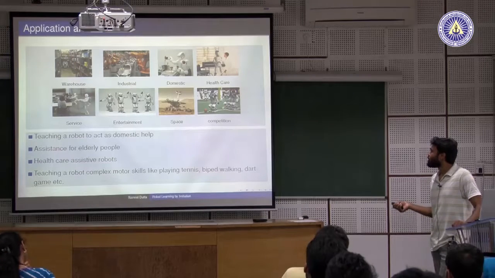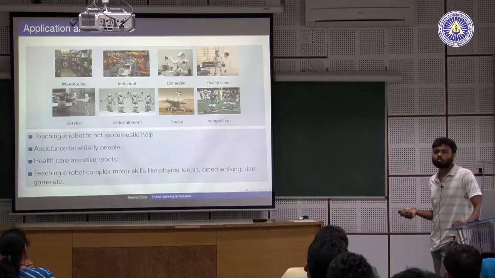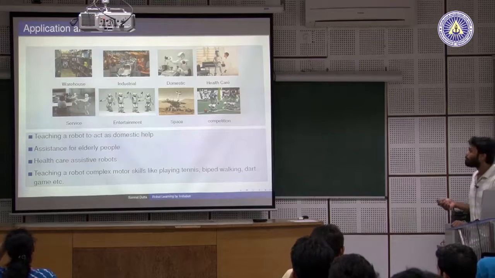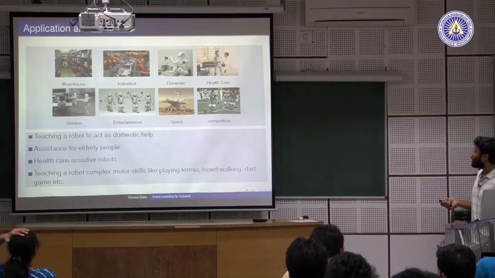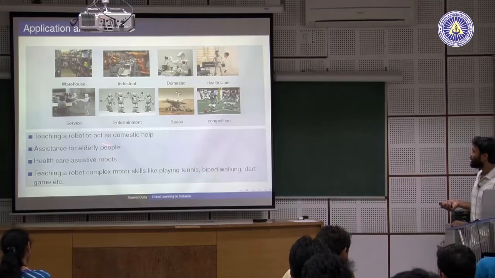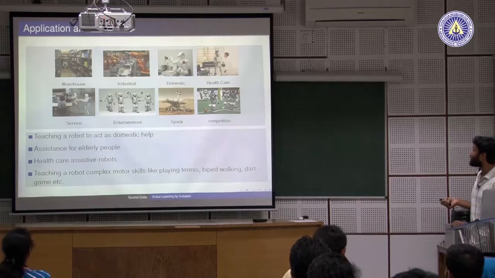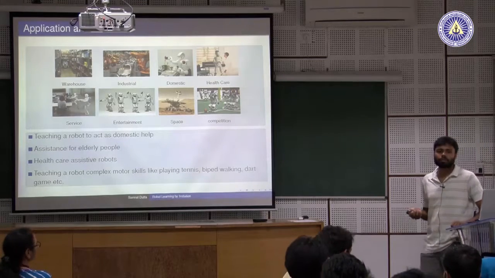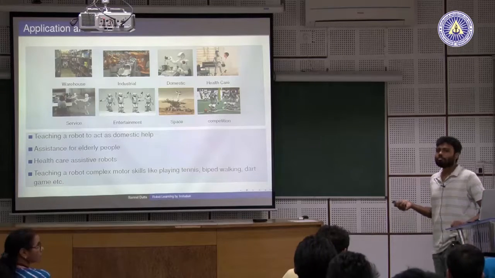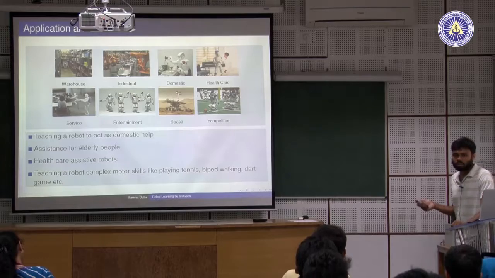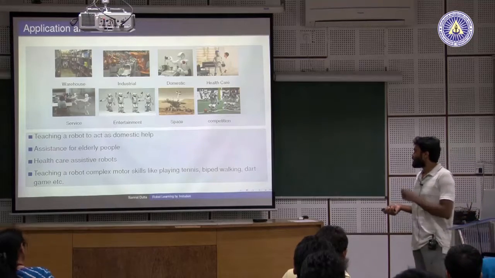So now we are thinking this can be replaced by robots that can perform domestic tasks. And in healthcare, which is also a very big area, in industrial robots, then space applications and entertainment as well. In competitions, have you seen RoboCup on YouTube? You will find that these robots play football and all that. Okay. So, these are the application areas.